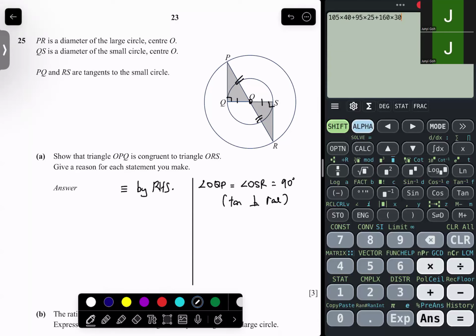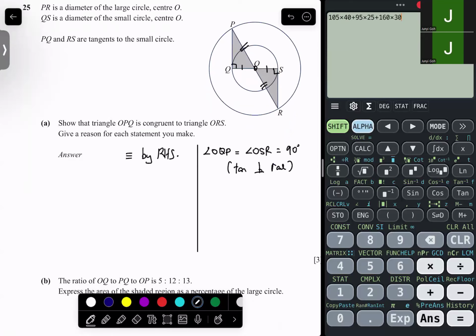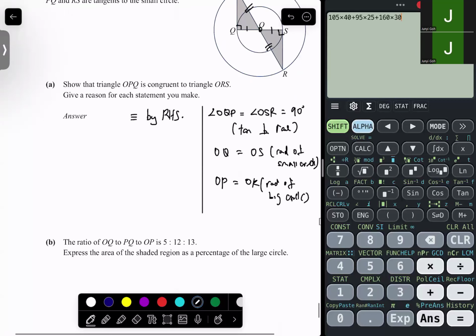Then we have sides OQ equals OS, radius of small circle. And then we have OP equals OR, right? Radius of big circle. Therefore congruent by RHS.